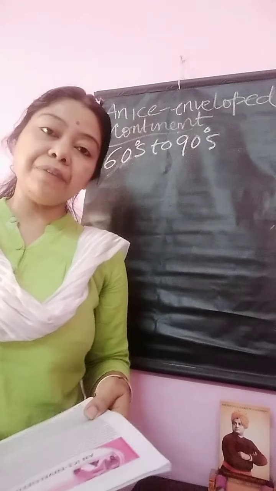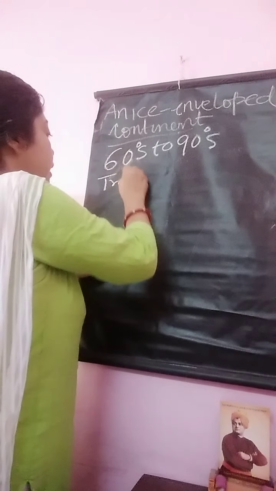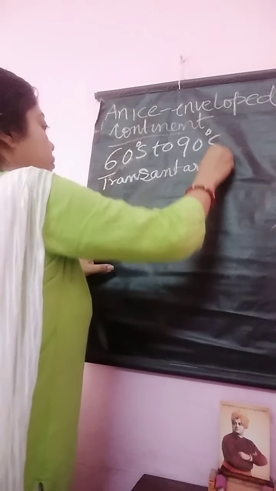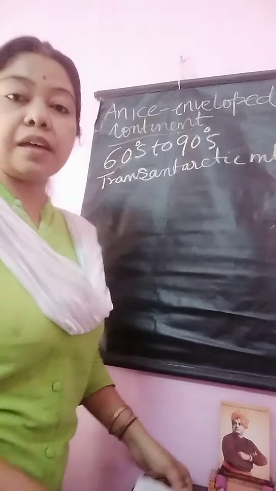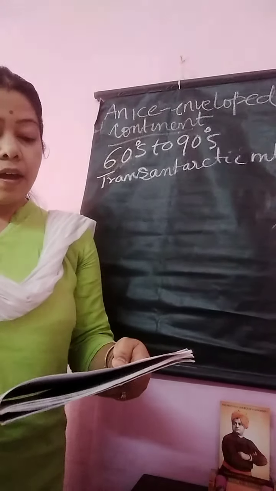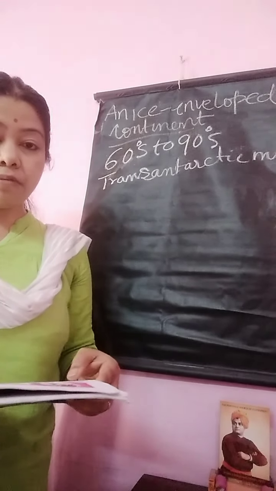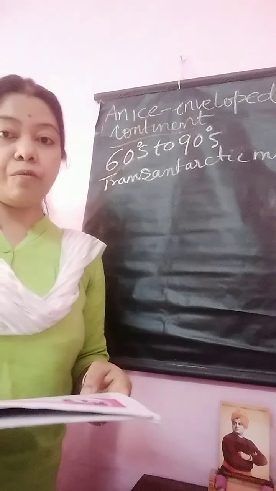Now the physical features of Antarctica. Antarctica is divided into 2 parts by the Trans-Antarctic Mountain, close to the neck between the Ross Sea and the Weddell Sea.